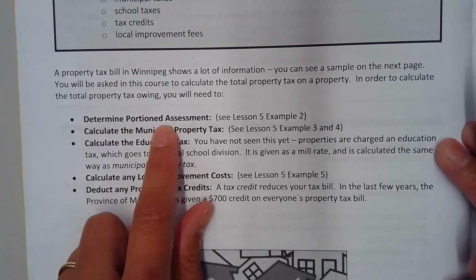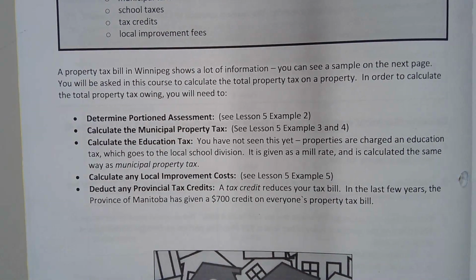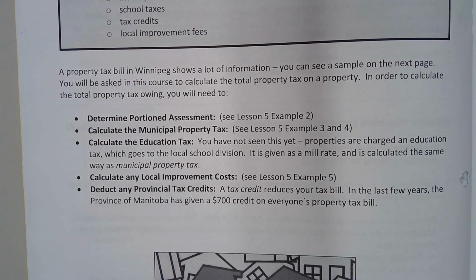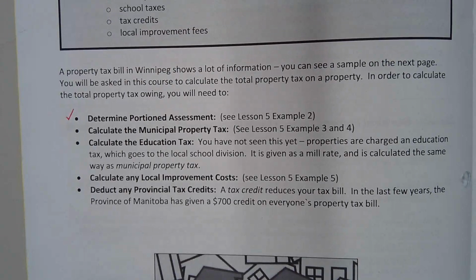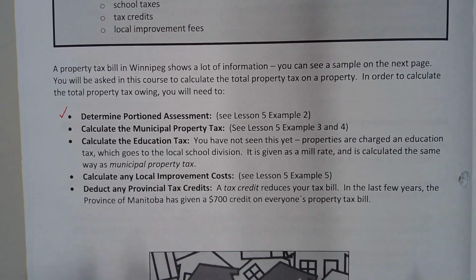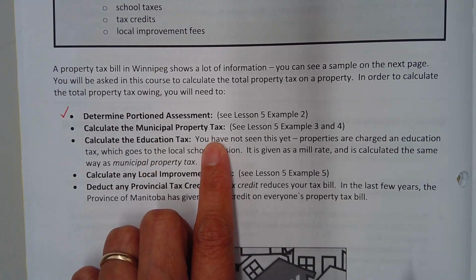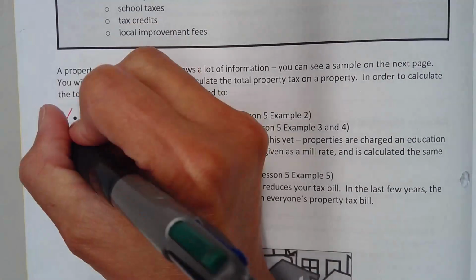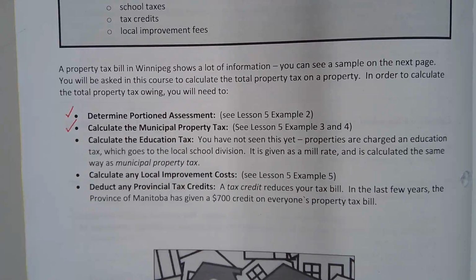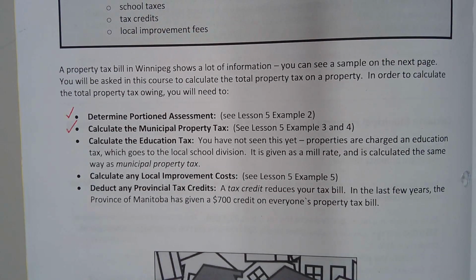So determine the portion assessment. Okay, determine portion assessment. We did that yesterday, right? Yeah, so we had to multiply something, 45%. So check, we've done that. Calculate the municipal property tax. We've done that already yesterday, so check. Done that. If you want to review that, we're going to go over some examples together today.